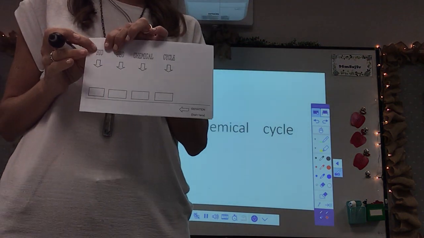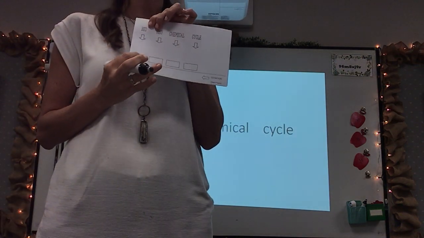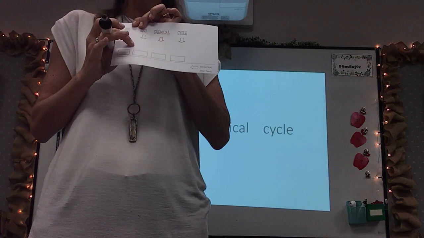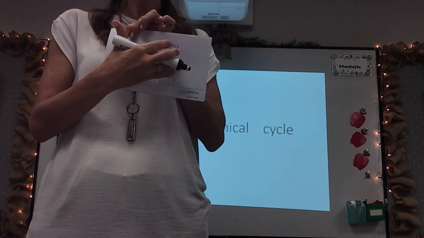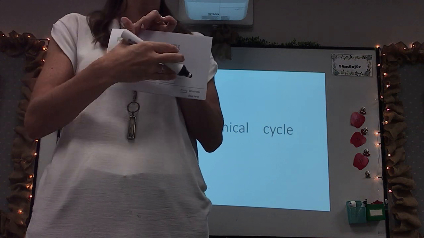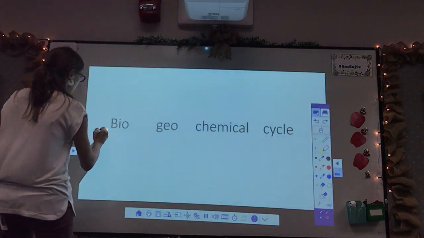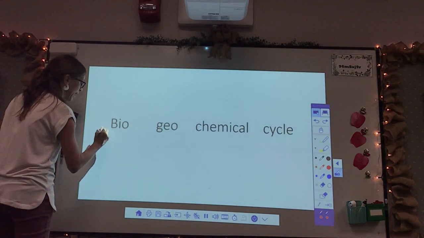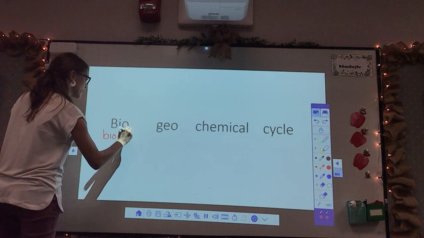So you are going to write underneath in this arrow, not in the blank, save the blank, but right in this area, underneath the arrow, we're going to write other words that have the same part in it. So right now, you're going to write biography, exactly right.